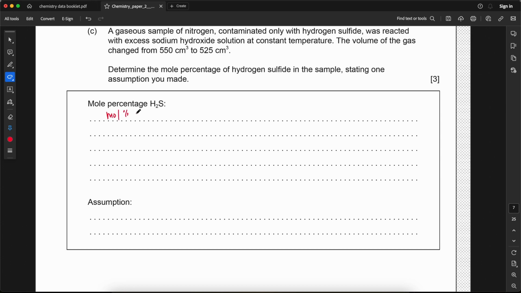Mole percentage of H2S would be volume reacted divided by initial volume times 100. That would be 550 minus 525 divided by 550 times 100. You will get 4.5%.